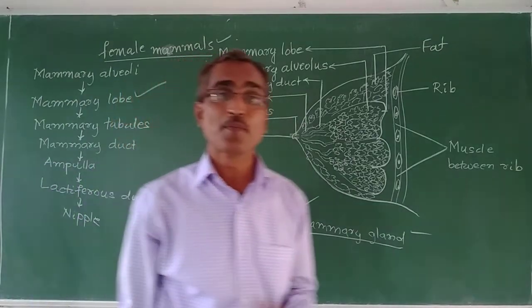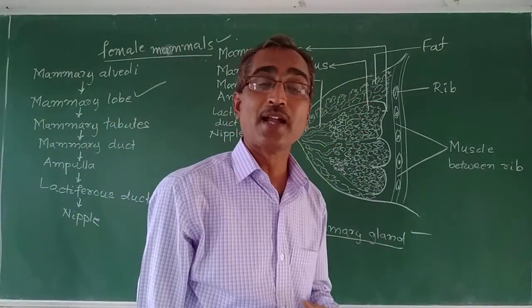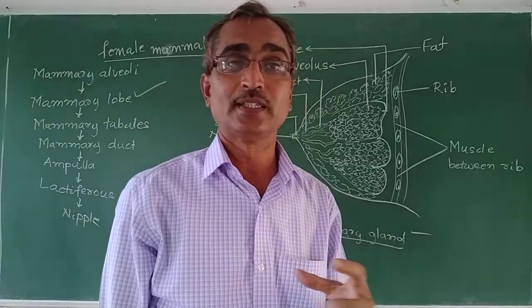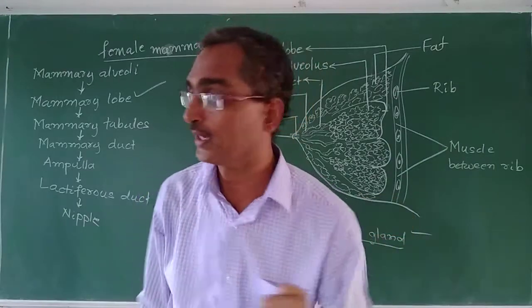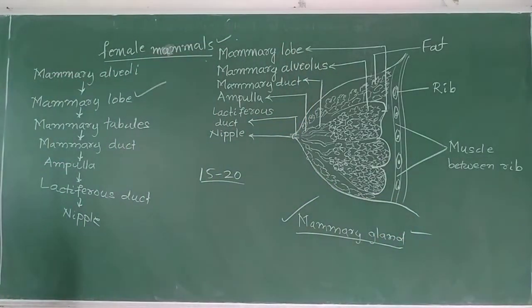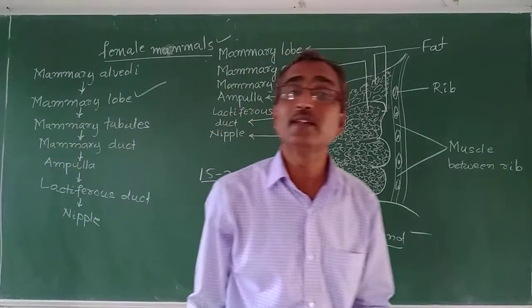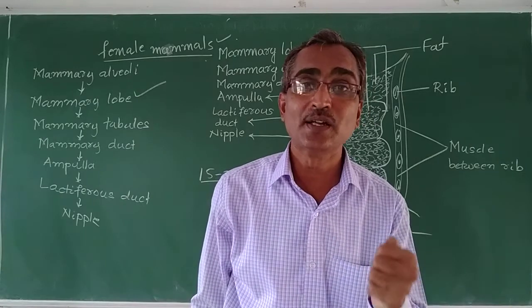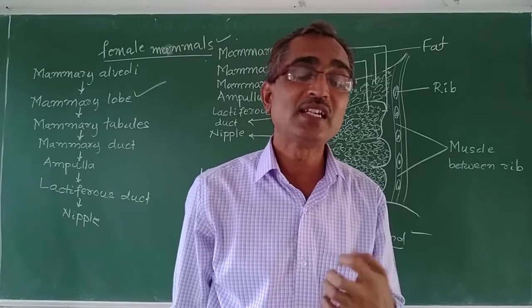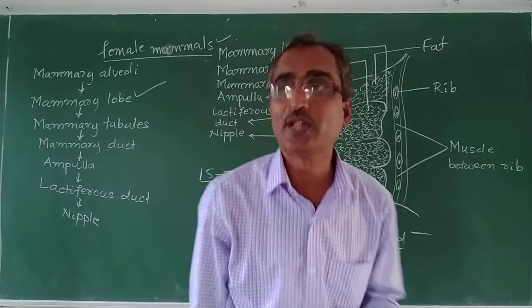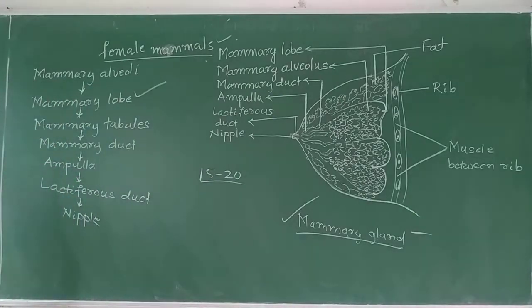And these mammary lobes contain a cluster of cells, that is a group of cells, which are known as mammary alveoli. The cells of these alveoli secrete the milk, and this milk is collected in the cavity of the alveoli, that is called the lumen.